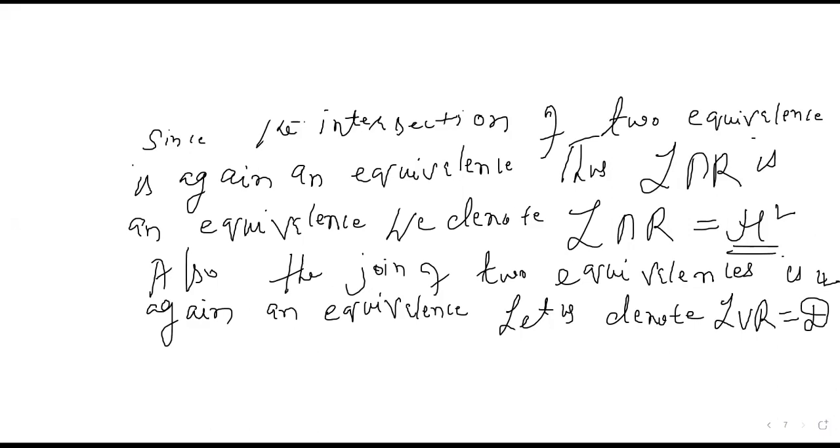And we have seen earlier that if the relations, these equivalences, permute, then the join is their composition.